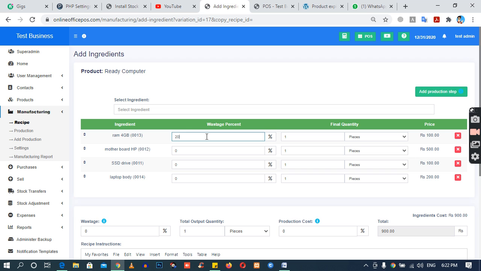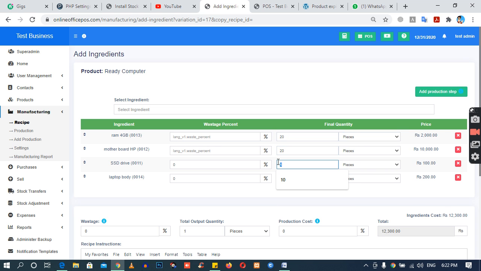Okay, so we need 20 RAMs, we need 20 motherboards. Sorry, this is the wastage percentage here. We use 20 quantity, 20 of this, nothing is wasting. If anything is wasted, you can type it here like 1%, 2%.